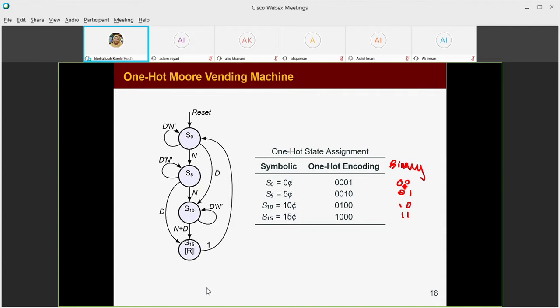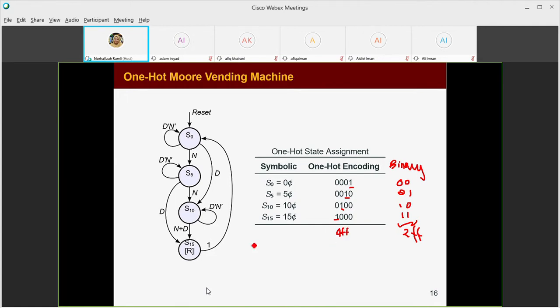And because you have 2 bits, you require only 2 flip-flops. However, if you use one hot encoding, you have to use this method: 0001, 0010, and so on, meaning S0 is named as 0001, S1 is 0010, and so on. So now you require 4 flip-flops. It's like you double.